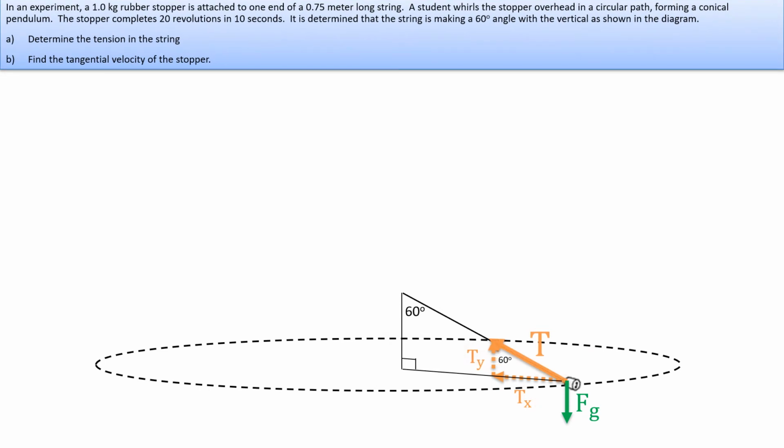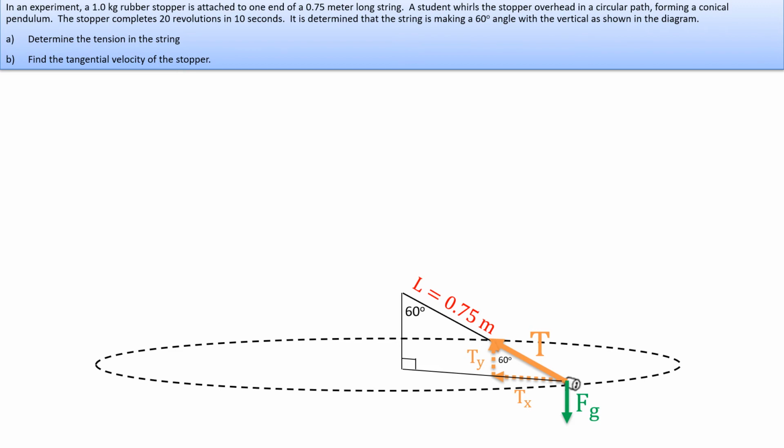So you might have noticed I rearranged this a little bit, okay? I made a triangle for the whole thing, and I put the y component of the tension, I just moved it over here, so this is head to tail, okay? And this angle is equal to this angle over here. Now what else can we say? We know the length of the string is 0.75 meters.